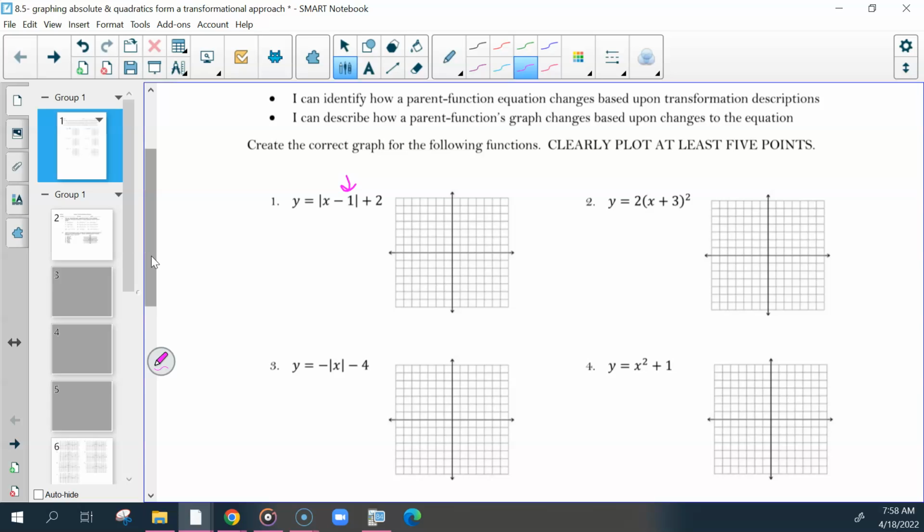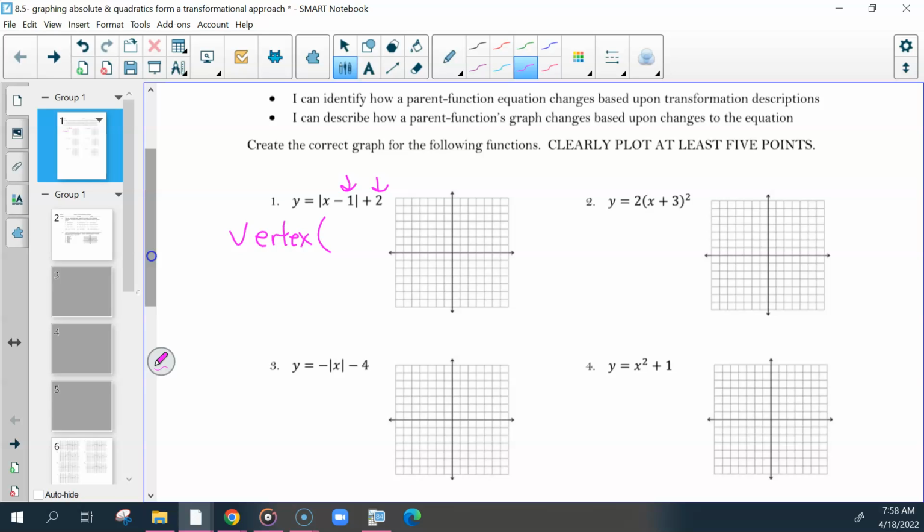Whatever this is, it'll be opposite. So if it says minus, it'll really be plus and vice versa. And then we're also going to take the number on the outside, but whatever that is will be whatever it is. If it says plus, it's plus. If it says minus, it's minus. So our vertex, for number one, the point.